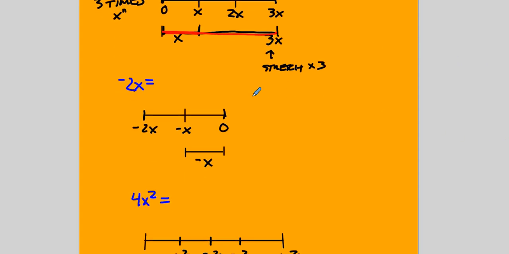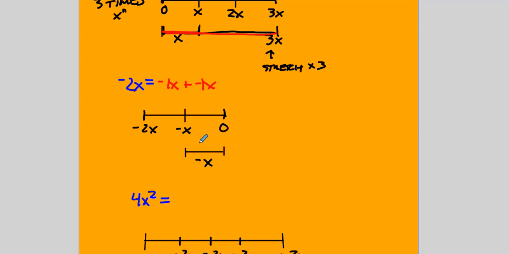The negative 2x literally could be interpreted to mean negative x plus negative x. And by the way, you could put a 1 on these if you want. That's, again, a coefficient. You don't have to. So this literally means negative x plus negative x.